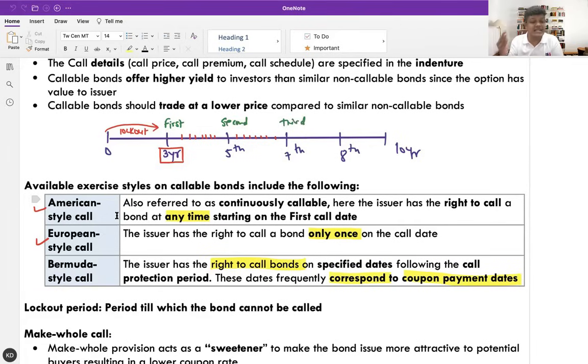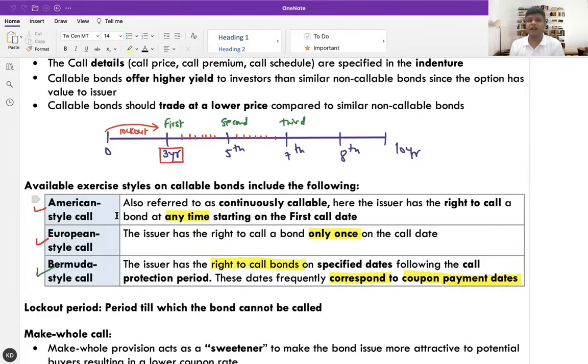So it's fixed. It's decided how much will be called back and on what dates. That's called what type of call option? American or European? Everyone. That's called a Bermuda call option.